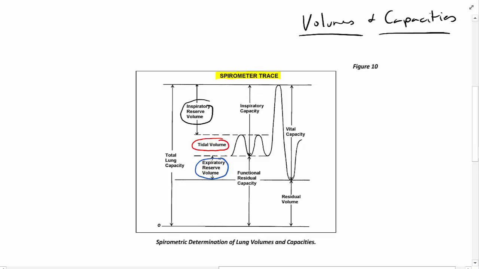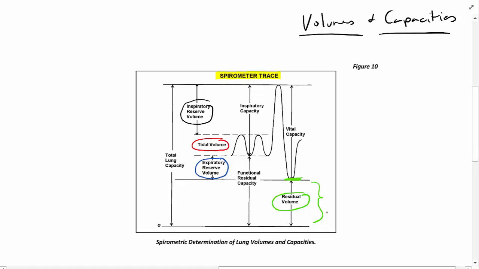Now there is one other volume that we didn't go over, but let's briefly go over it right now. This is called residual volume. Residual volume is the volume of air in the lungs that will never leave. If you exhale maximally, so you get to this point right here, you're exhaling as much as you can, there is some amount of air in the lungs that will never leave. This is a good thing.